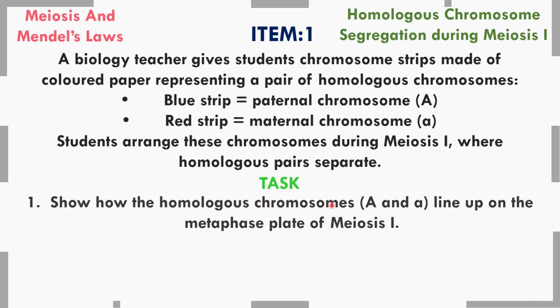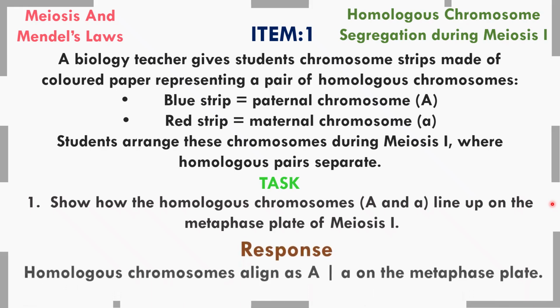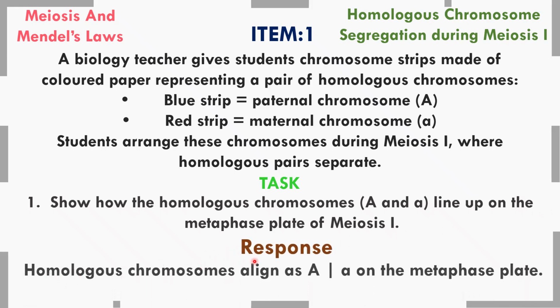Show how the homologous chromosomes, capital A and small a, line up on the metaphase plate of meiosis 1. Homologous chromosomes align as capital A on one side and small a on the other side of the metaphase plate.